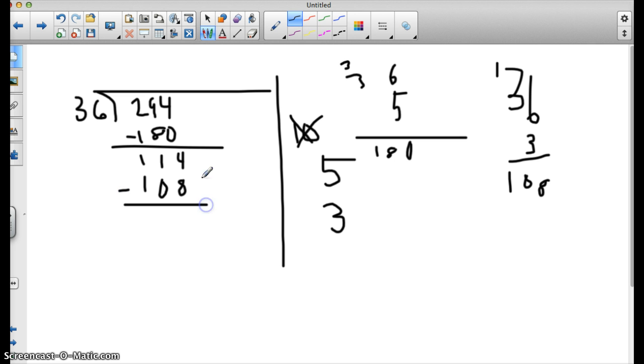And I'm subtracting again. 14 minus 8 is 6. And that's my remainder because 36 doesn't fit into 6. So I do 5 plus 3 is 8. So my answer is 8 with a remainder of 6. Hopefully you got that. Let's try the next one.